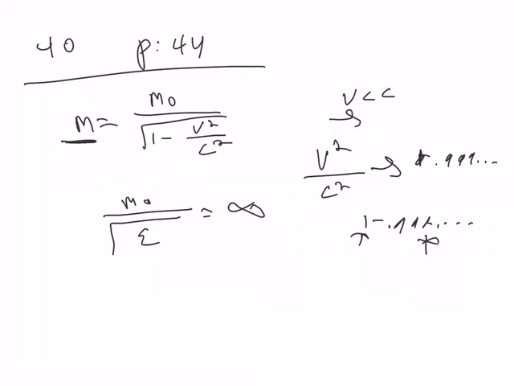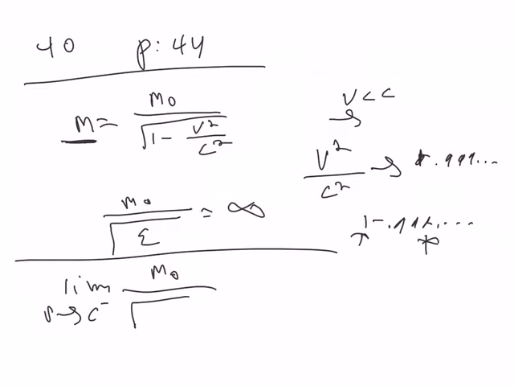More rigorously, we can write the limit as v approaches c from the left of m0 over the square root of 1 minus v squared over c squared equals infinity, which is what we know: if we take something and make it go closer and closer to the speed of light, then its mass is going to get closer and closer to infinity.